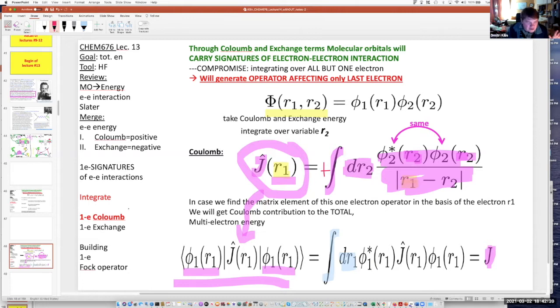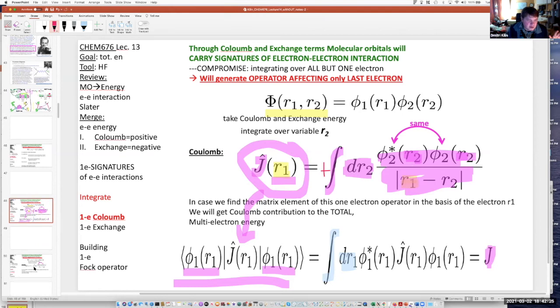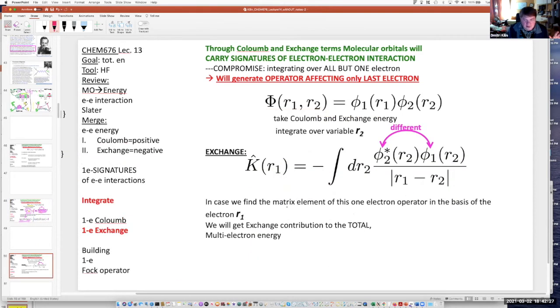Now I want to do the same thing for the attractive part with the minus sign. So I will practice integration over R2 here, there, and there. I keep the minus sign as we agreed, but due to antisymmetry, the second electron is now taken in state number 1.